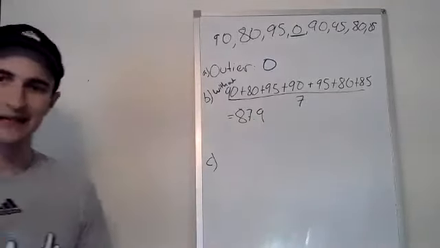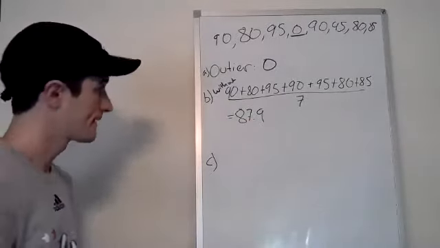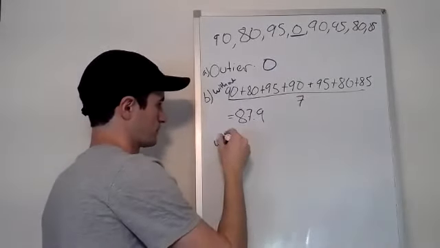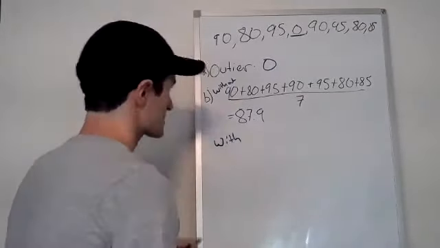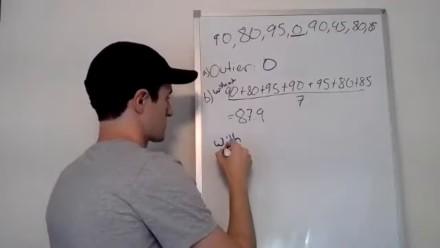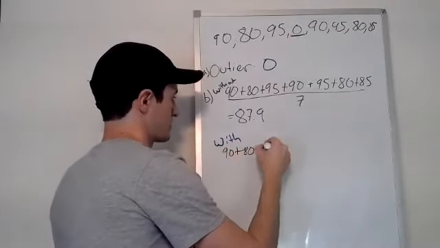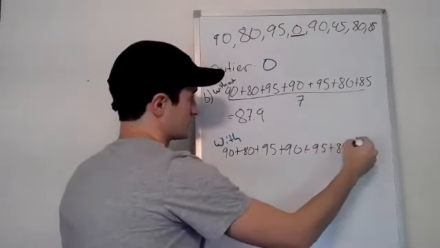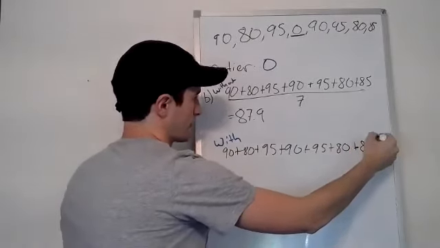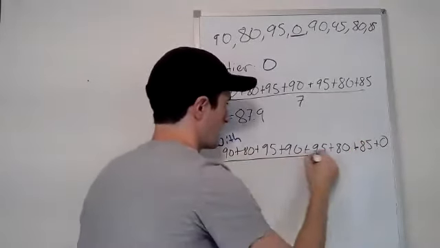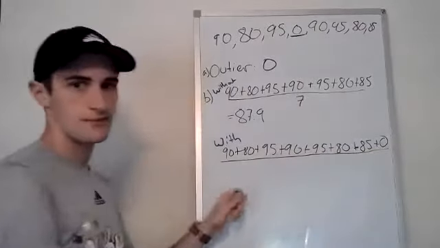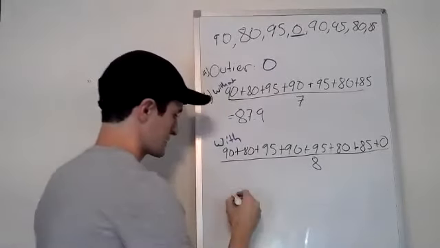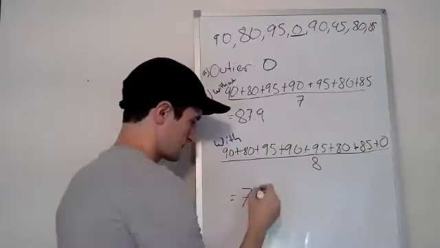So without the 0, he's got an 87.9 average. It's pretty good. But with the outlier, it's the same process: 90 plus 80 plus 95 plus 90 plus 95 plus 80 plus 85 plus 0. And now we don't have 7 numbers in here, we have 8 numbers. That's actually going to be equal to 76.9.